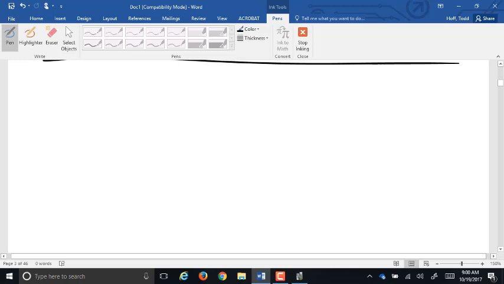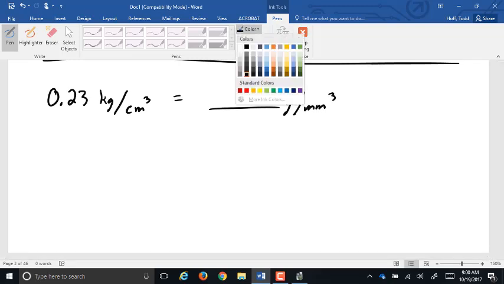Okay, so let's say you have something that is listed as 0.23 kilograms per cubic centimeter. You want to know what that's going to be in grams per cubic millimeter.